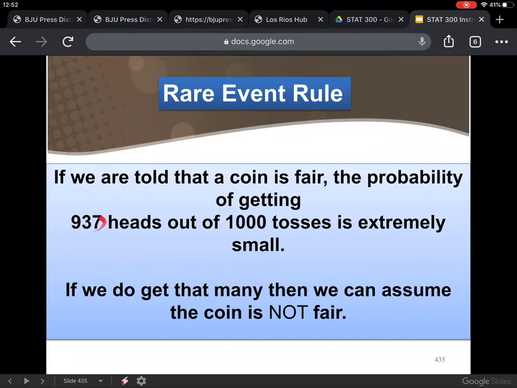If it's far away from what it's claiming, which it is, then the claim is probably not true. Probably the coin is not fair. And that's what this last statement says here. If we do get that many, then we can assume the coin is not fair because we actually got 937 heads out of 1,000 tosses when the probability of that happening is very, very small if the coin was fair. That means the coin is not fair.